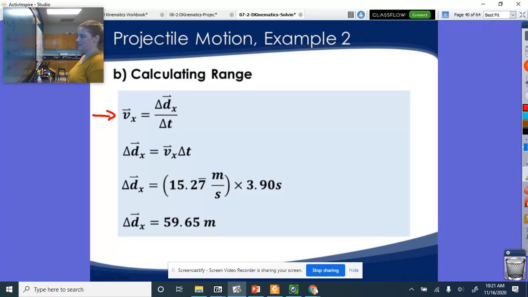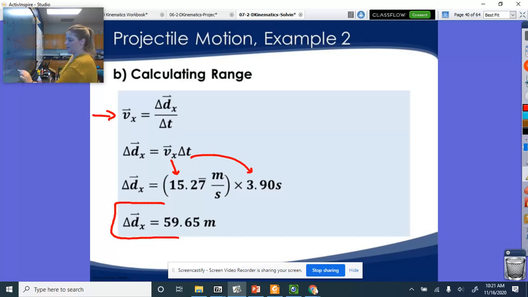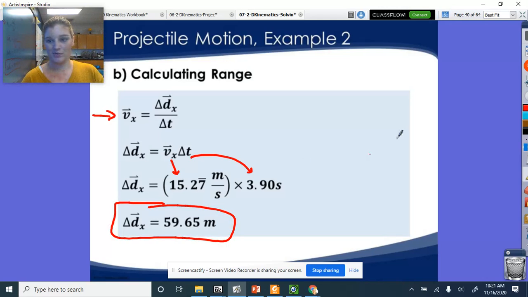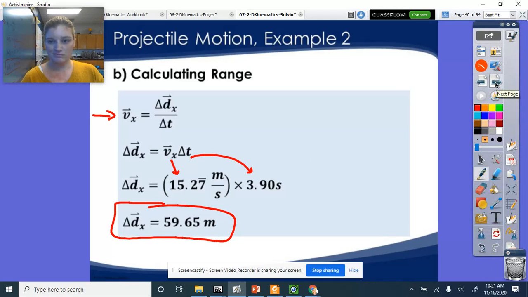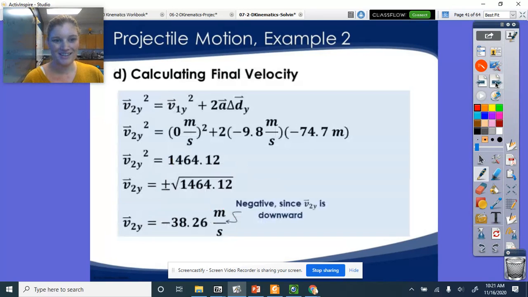I don't know what my displacement is, so I can rearrange it. My velocity is the calculation that we had to convert to 15.27 meters per second, and the time I just solved for is 3.9. So it's going to calculate out to 59.65 meters. Sorry if I'm running through this real fast. I'm trying to keep this short as much as I can.